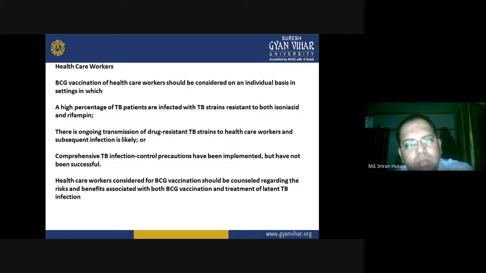Healthcare workers: BCG vaccination of healthcare workers should be considered on an individual basis in a setting in which a high percentage of TB patients are infected with TB strains resistant to both isoniazid and rifampin.